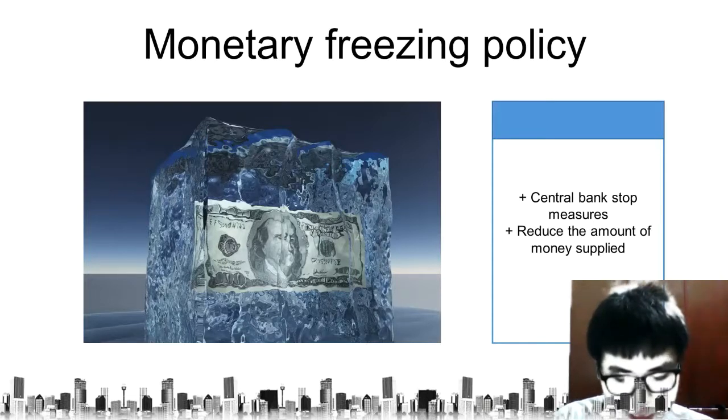The state applies measures to reduce the amount of money supply in the economy, such as the central bank selling short-term securities in the money market, selling foreign currency, and issuing government debt instruments to borrow money in the economy to compensate for the state budget deficit, and raising interest rates, especially interest rates on residential savings deposits.